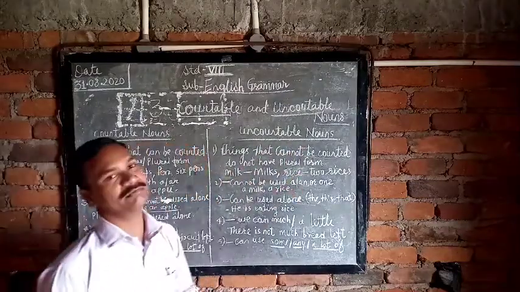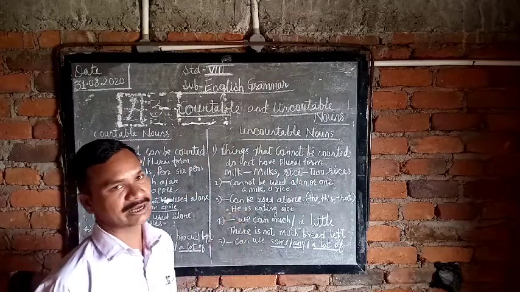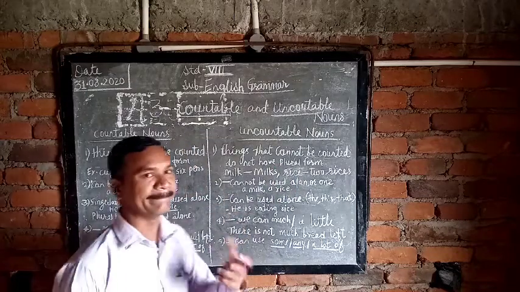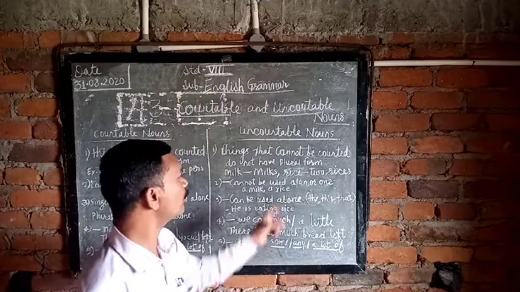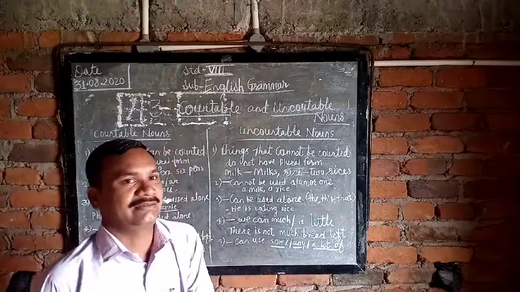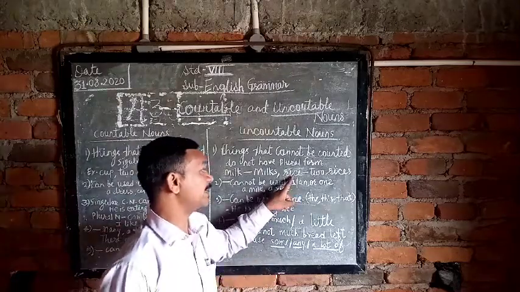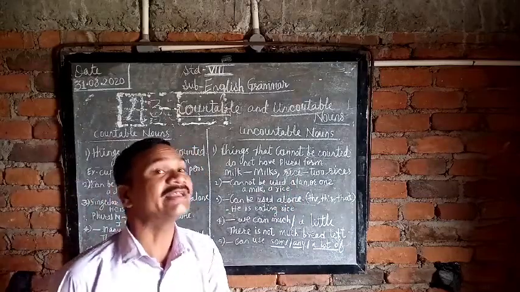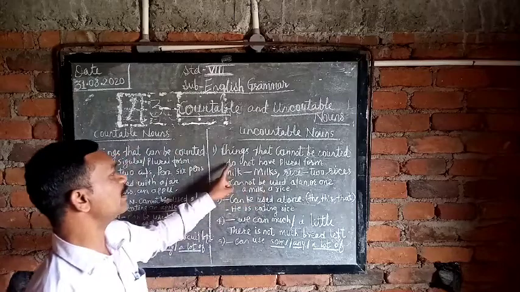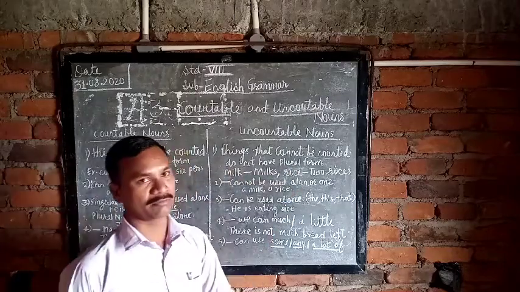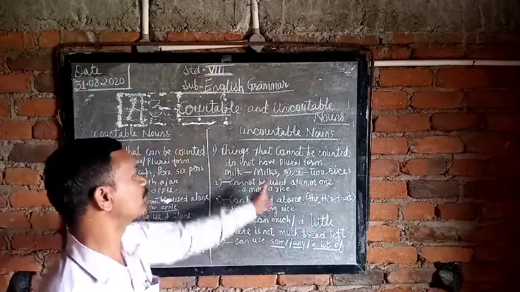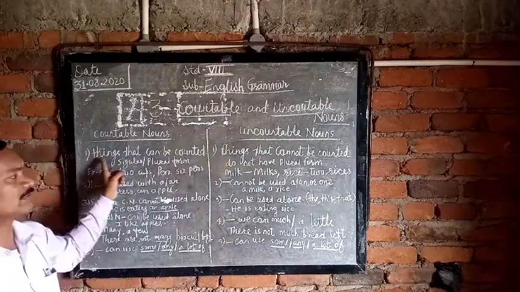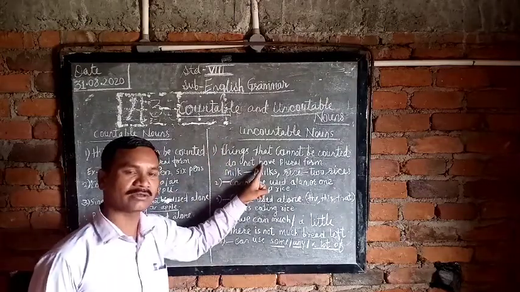Example, milk. We do not say milks. Second example, rice. We do not say two rice, three rice. So they do not have any plural form. This is the first difference. Is the first clear to all?